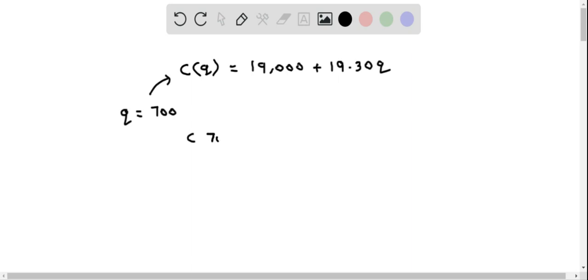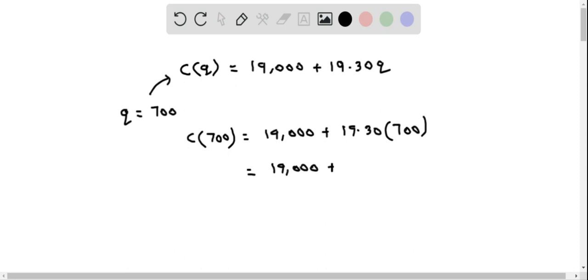So we get C of 700, and this equals 19,000 plus 19.30 times 700, and so this gives 19,000 plus 19.3 times 700 equals 12,510, and so when we add these two we get 32,510, and this is in dollars.